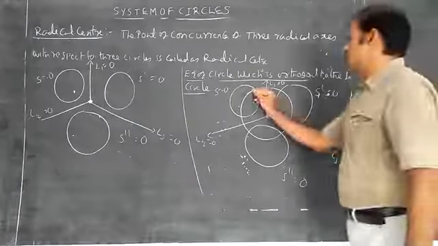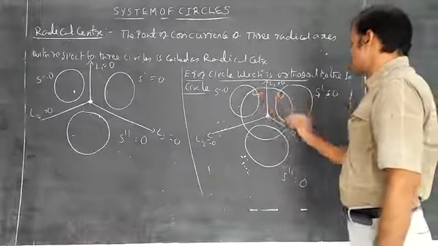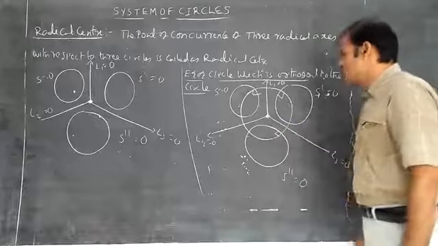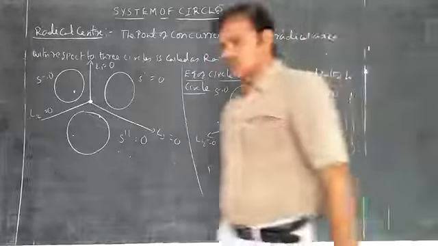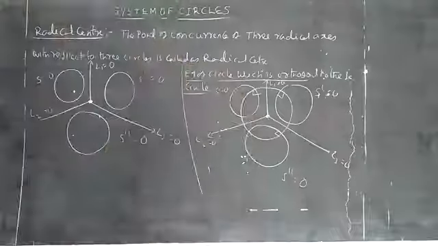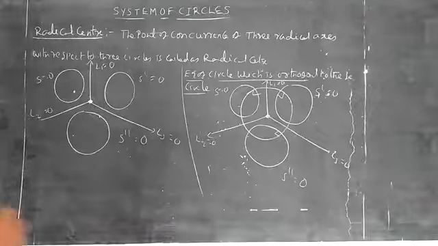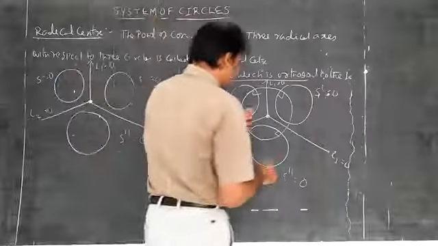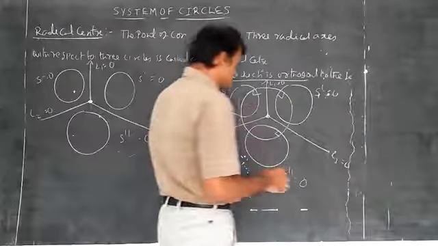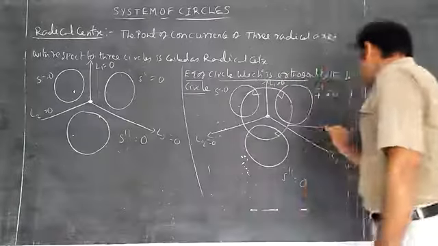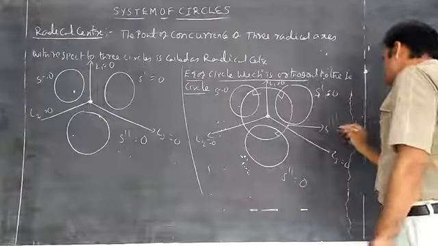This is the orthogonal circle to all three circles. So whatever center we require for the circle orthogonal to the three circles, it is the fourth circle, maybe S triple dash equal to 0. This circle we require; the required equation of the circle is this one.